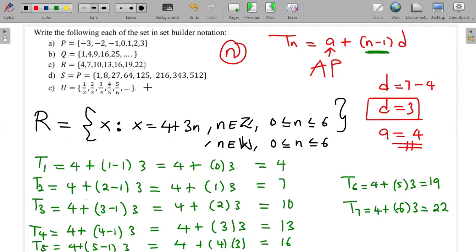Would it be wrong if we were to present it as R is equal to x, such that x is equal to n plus 3, where n is a natural number? Okay, let me just write what you're saying. You said such that x is equal to n plus 3, where n is a natural number.